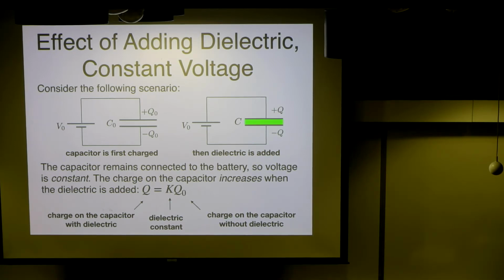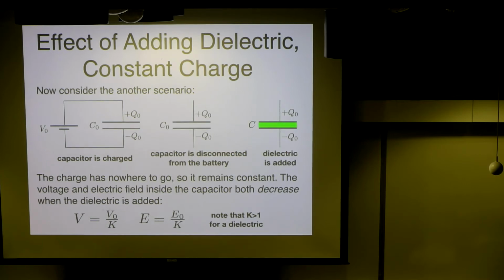All right, so let's try a slightly different scenario. Let's see what the effect of adding a dielectric material is, but we're not going to keep the voltage constant in this case. We're going to keep the total amount of charge constant. It's a slightly different scenario, but we're going to analyze it in a pretty similar way.